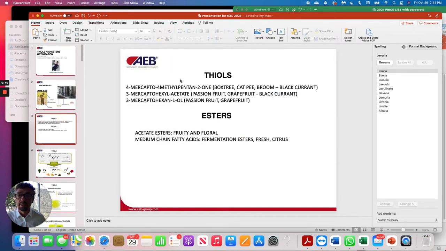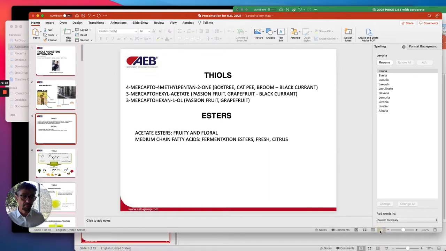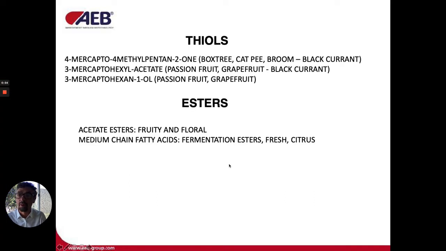As far as the thiols, we have the usual suspects here. Let me actually make this bigger. So the 4-MMP, the 3-MHA, the 3-MH. Esters can be acetate esters, the fruity and floral, and then the medium chain fatty acids of various nature, more citrusy, sometimes soapy.